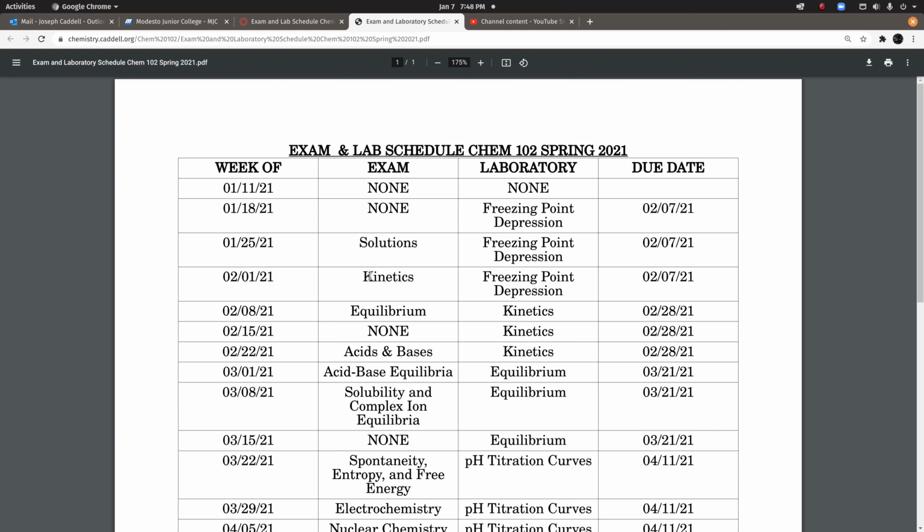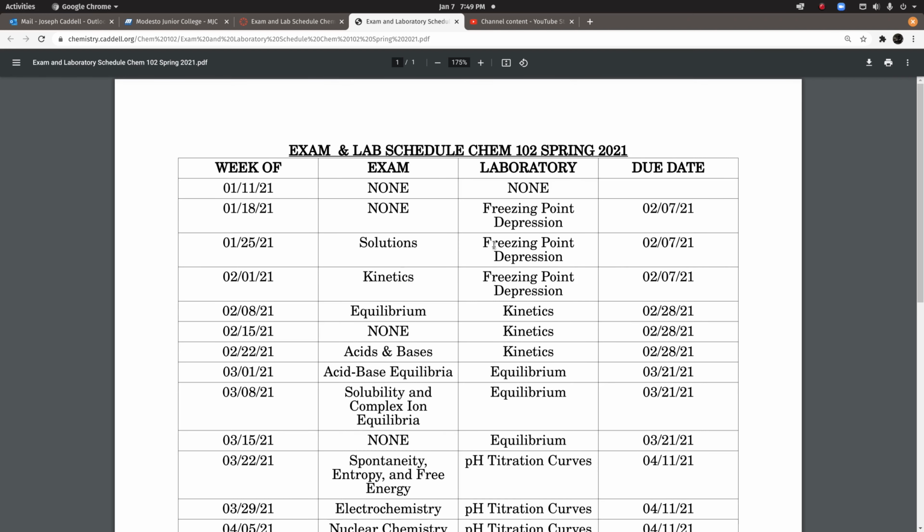But from the second exam on, every exam after that will have one or more questions from one or more previous modules. So the second exam will be on kinetics with one or two questions from solutions. The third exam will be on the equilibrium module with 1 or 2 questions from kinetics and/or solutions, and so on. So it goes on like that.